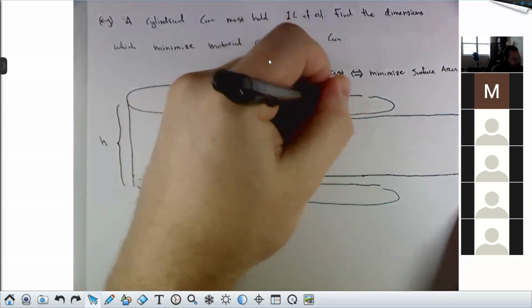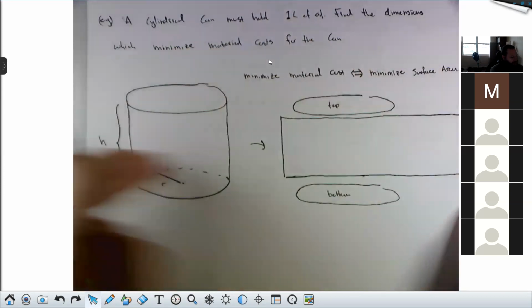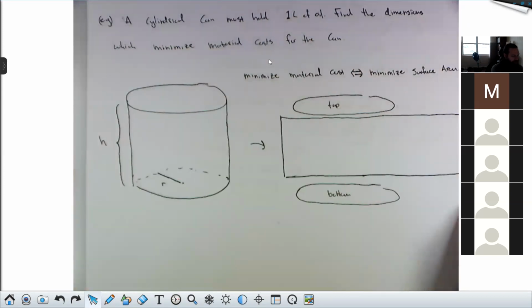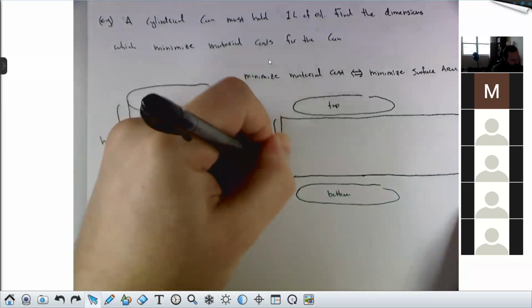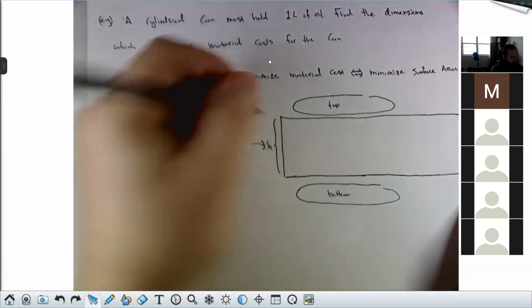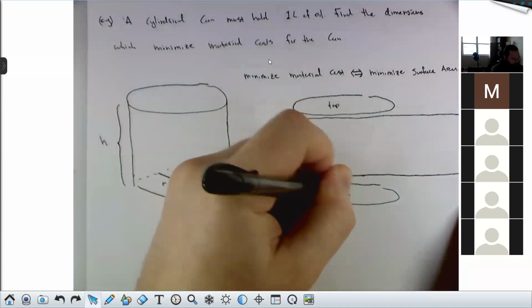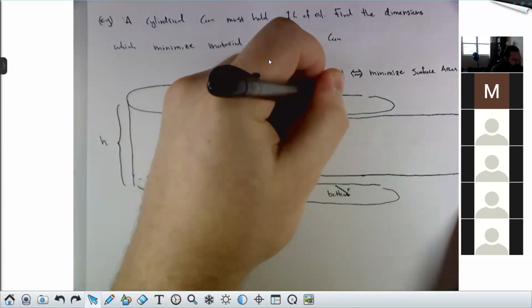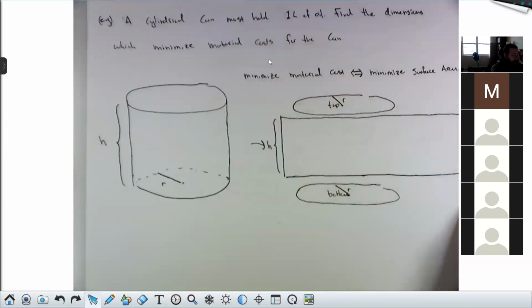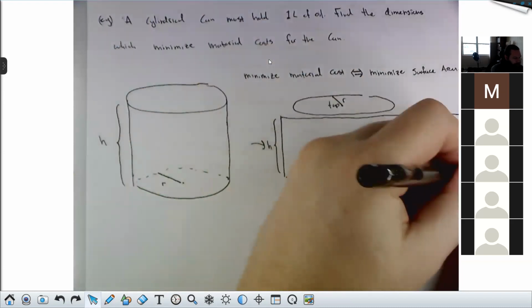This is the top, this is the bottom, and this is the bit that goes around the middle. This is still H. These are each circles of radius R. What is this dimension, the long dimension down here?